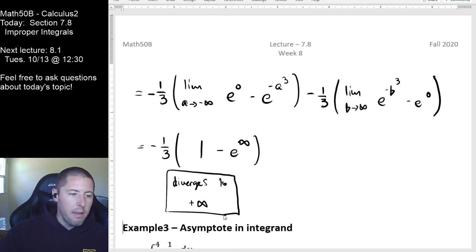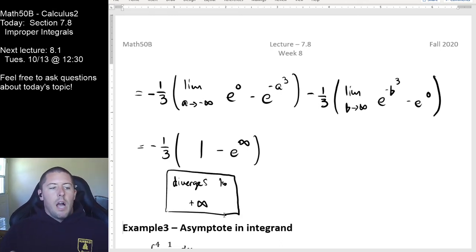So I want to say one thing before we move on here. I don't even need to finish this problem. If I'm trying to assess the convergence or divergence of this integral, just knowing one piece of it diverges makes me know that the entire thing is going to diverge. And here's the reason why. There is no addition or subtraction of infinity that you could ever do that you could convince me is going to perfectly cancel another infinity.